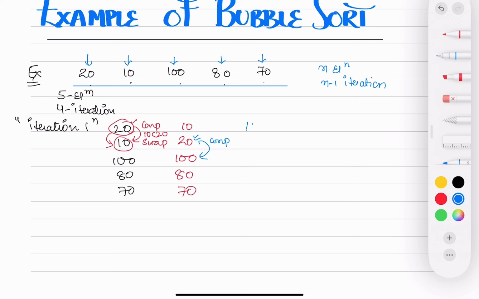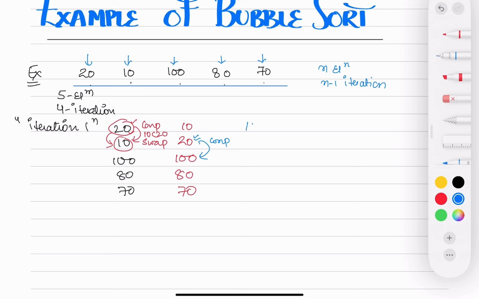Then 20 and 80, again comparison only, no swap, because 20 should come before 80, which is right. So why so many comparisons? Because it's brute force. It keeps checking all the adjacent elements until it gets the right solution. Then 80 and 70, here it will catch.